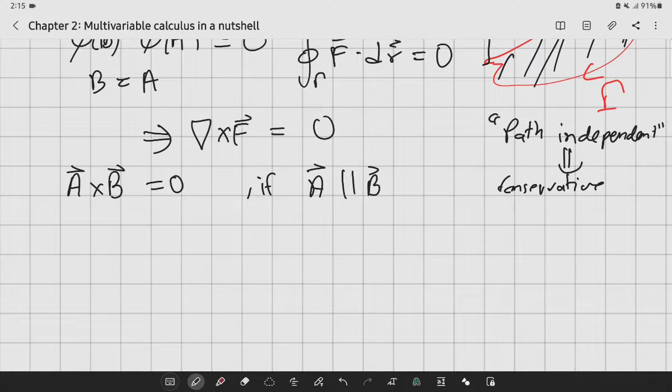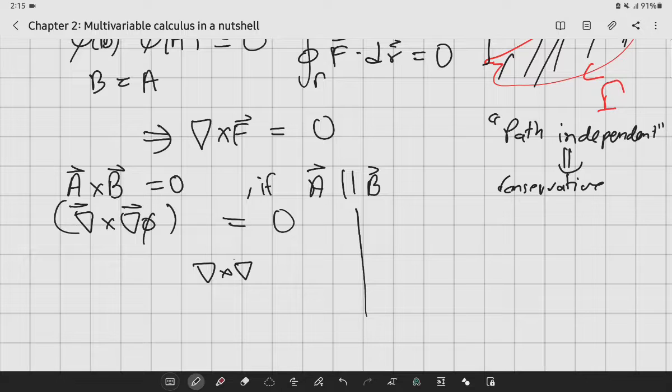So similarly, gradient cross gradient of some scalar function is also going to give you 0. And you can look at it like this: if I take just gradient cross gradient on its own, I'll have i, j, k. So what I'm doing here is crossing gradient with itself.